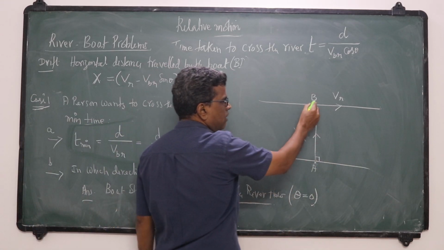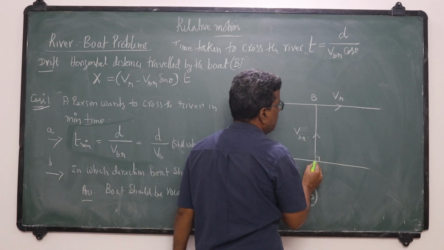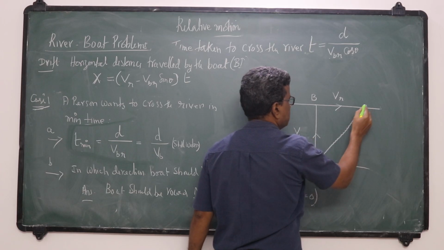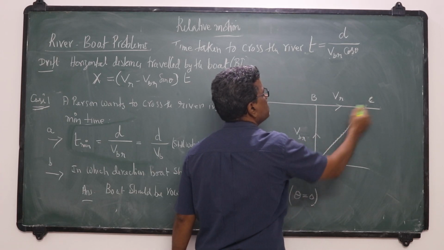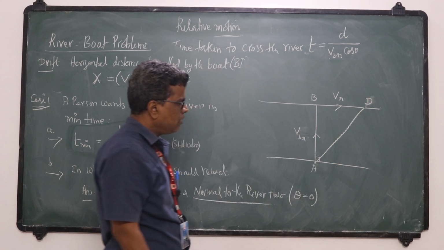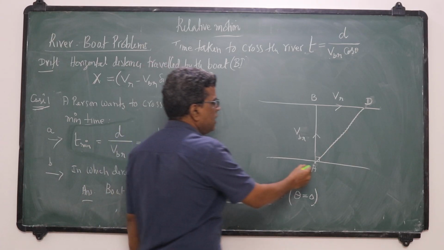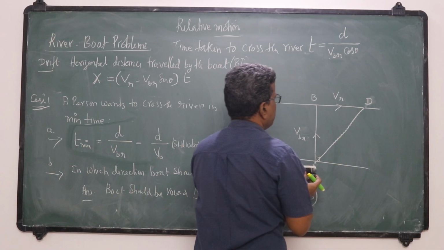Then he will not reach the point B because of the river flow. So he will reach in this direction, and finally he reached the point D. AD is the drift.